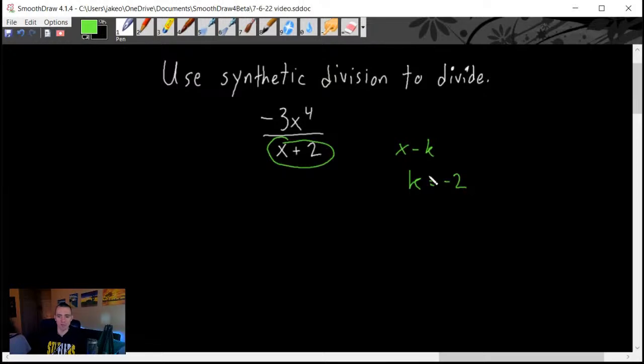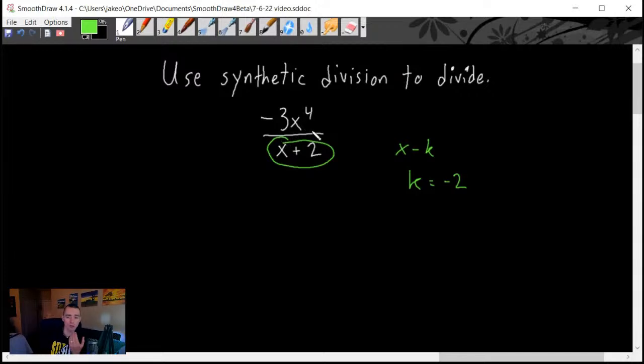So then what we're going to do is confirm if our numerator is already in the right order, where we have our highest powered x term first, going down to our lowest powered x term, and then our constant number being added or subtracted at the very end. In this case, we only have one x term. So how do we deal with that?